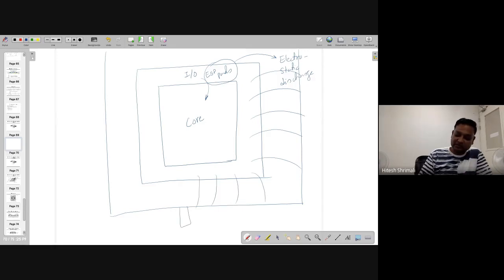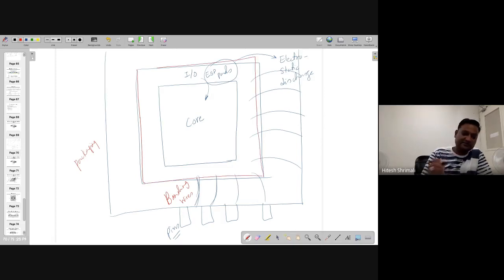The pins which you see in the IC are outside, but they are connected with the IO pads through some wires which are known as bonding wires. And this whole thing is known as the packaging. After core and IO are designed, packaging is designed by somebody else.